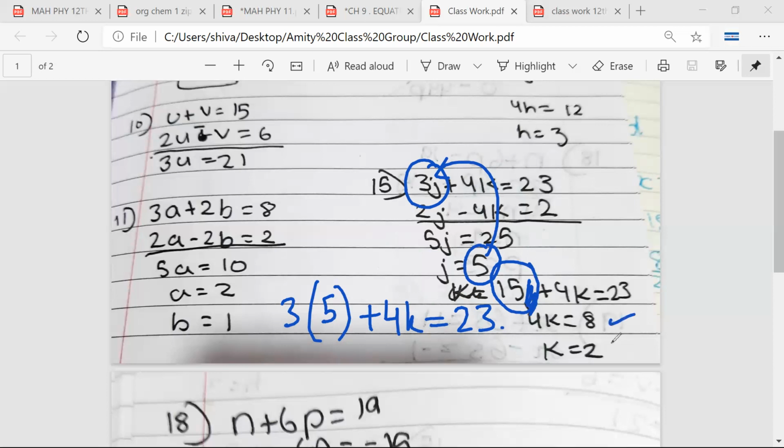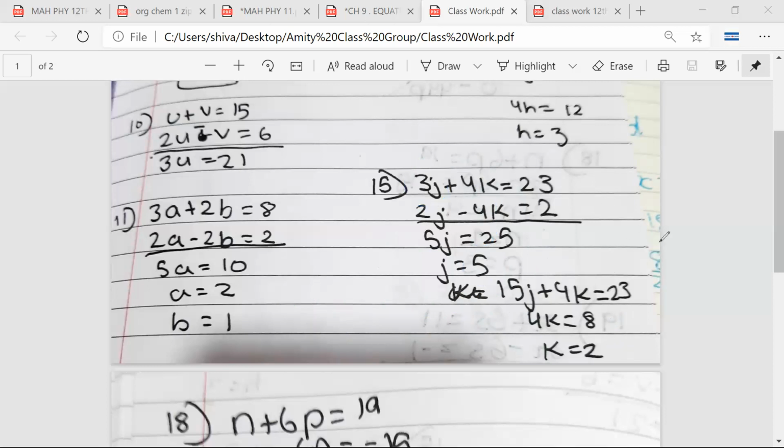So 4k is equal to 8 and k is equal to 2. Any doubt? No, sir. Similarly, see, j is equal to 5. You can put this value of j in equation 2 also. It is one and the same.